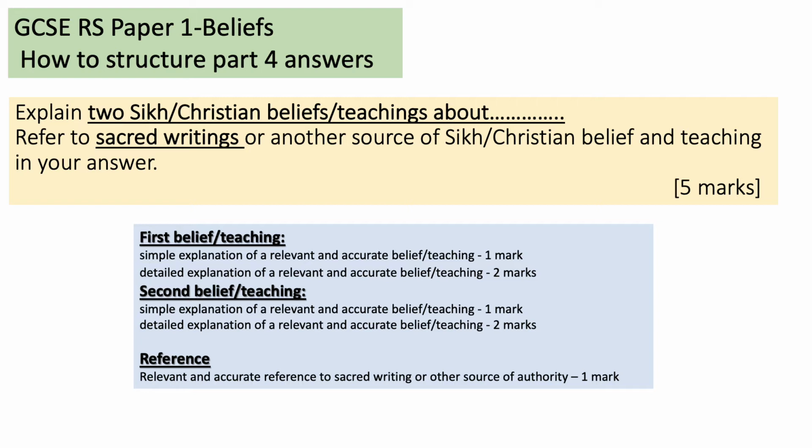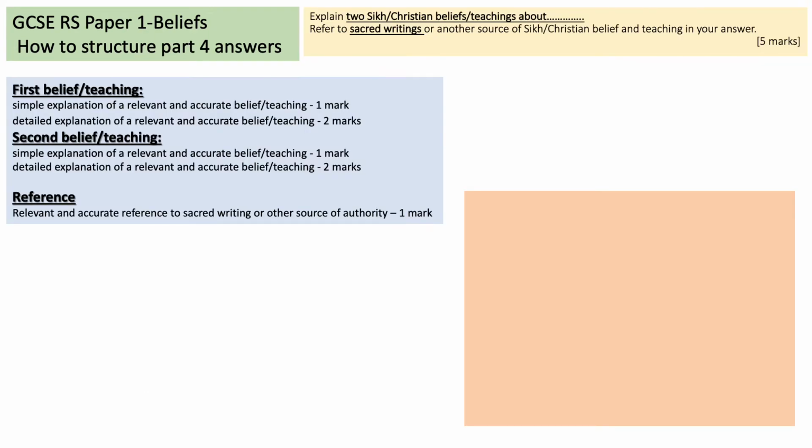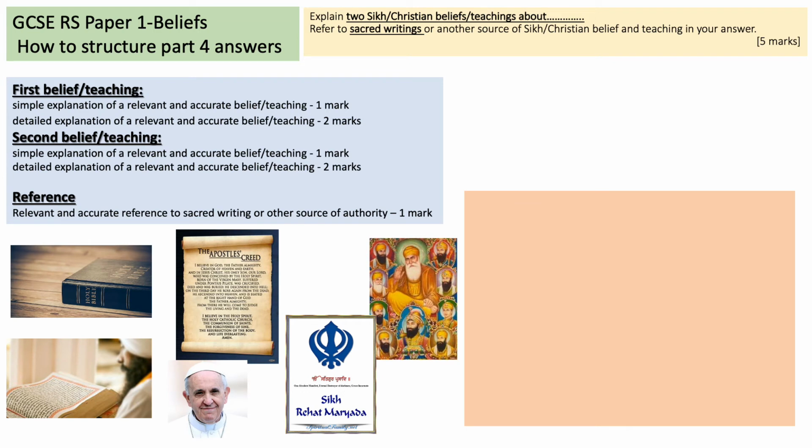And then to get that 5th and final mark in these answers, you would need to refer to relevant or accurate sacred writing or another source of authority from Christianity or from Sikhism. So in terms of that other source of authority, you could possibly refer to the Bible or the Apostles' Creed.